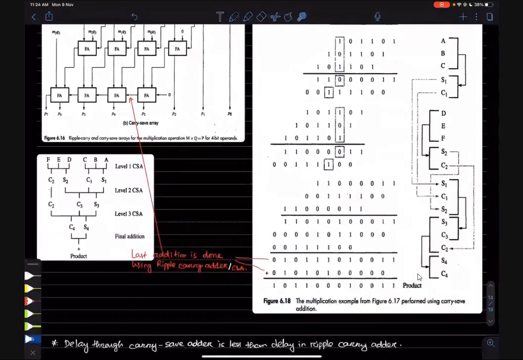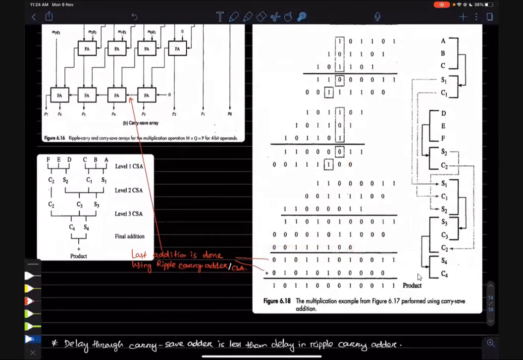C2 starts from this bit position, so you have to write C2 from the position where it starts, not from a different position.